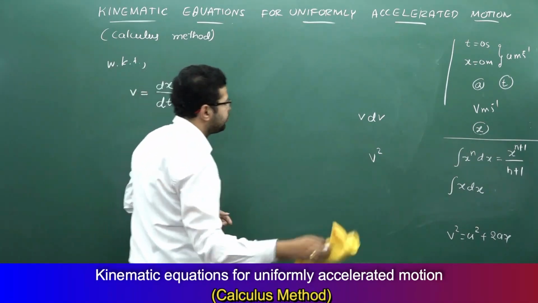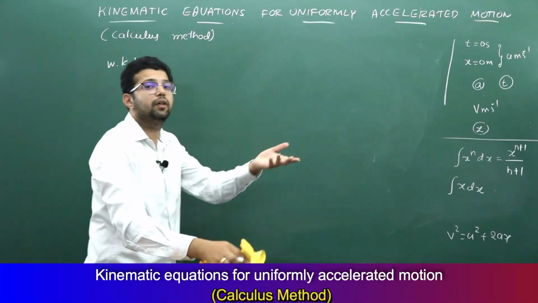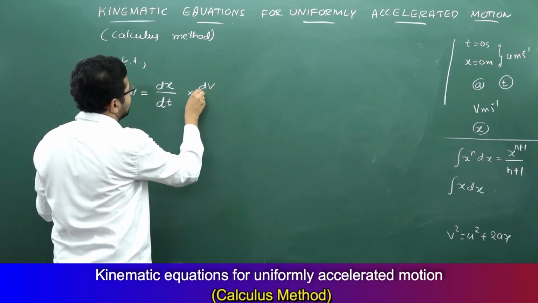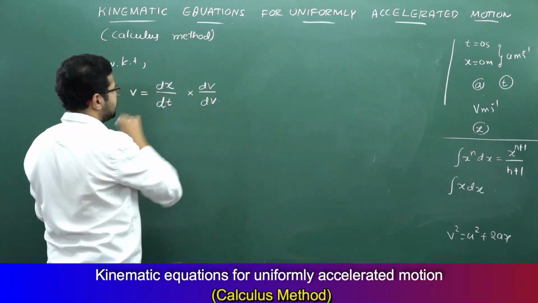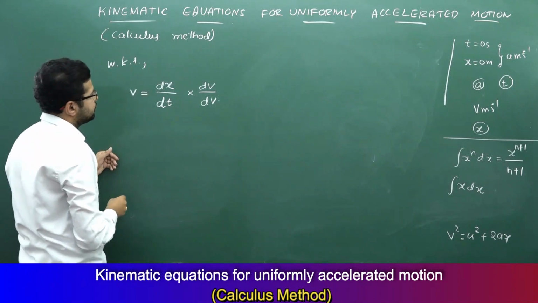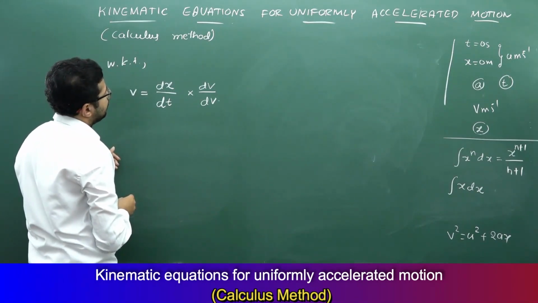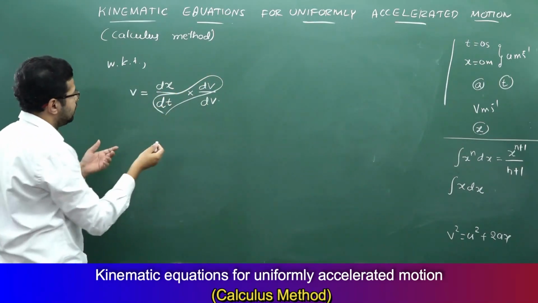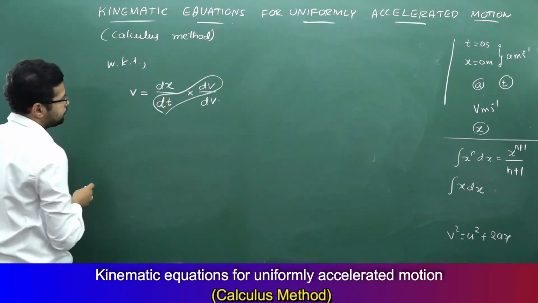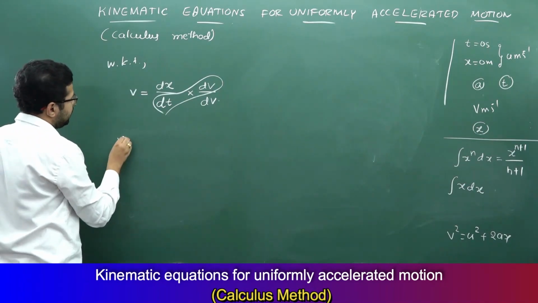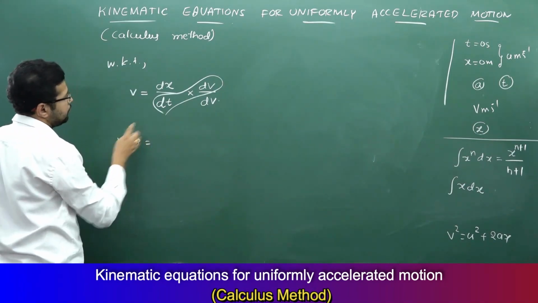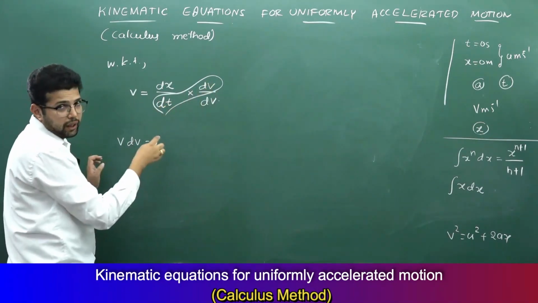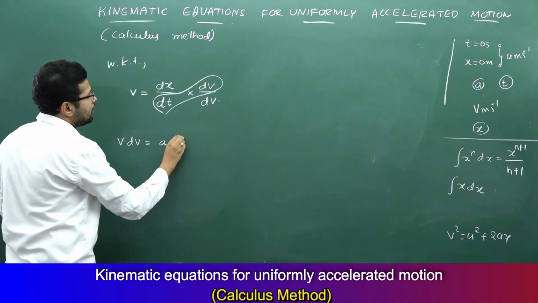So, we will somehow introduce dv in the equation. We will multiply and divide this equation by dv. What is dv by dt? dv by dt is acceleration. So I bring this dv here: v dv is equal to a into dx.